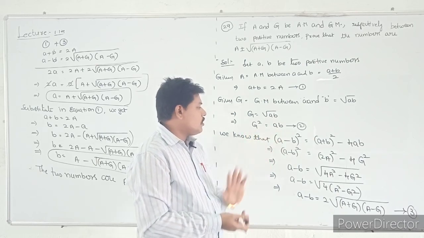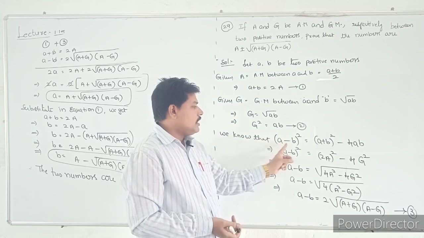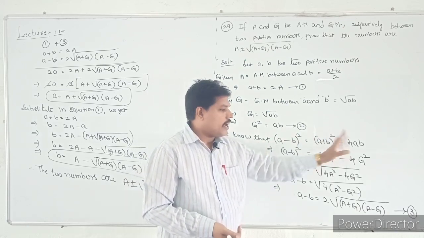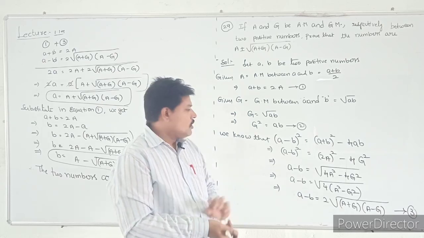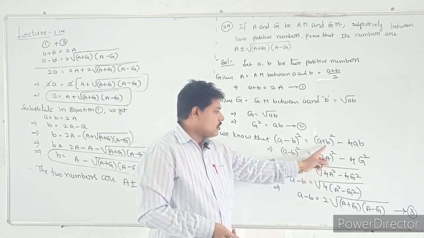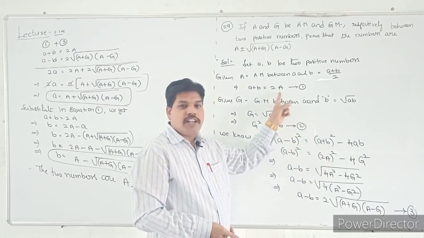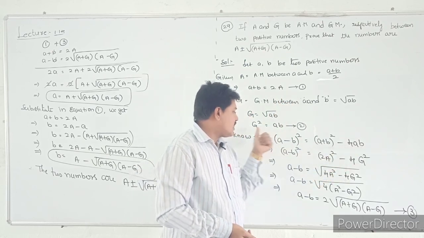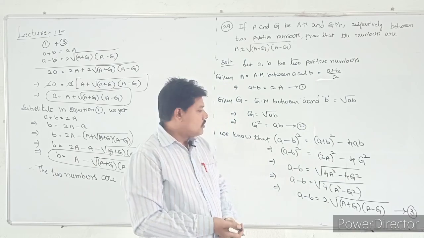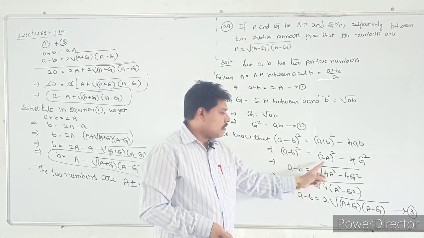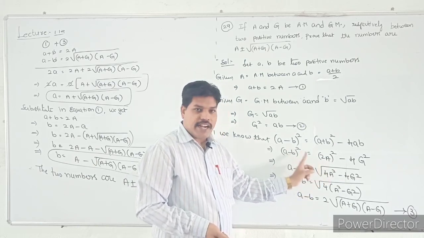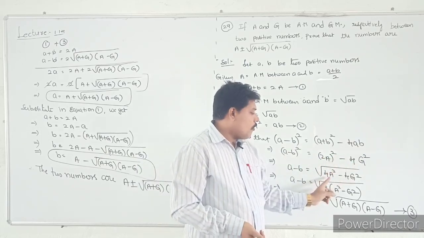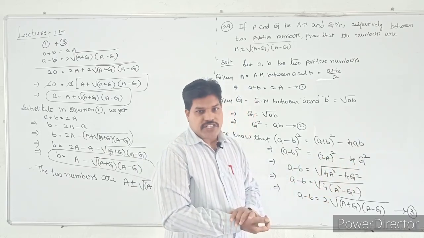If G square is equal to ab, we know that a minus b whole square can be written as a plus b whole square minus 4ab. So a minus b whole square is equal to (a plus b) whole square, and a plus b is 2A, so that is (2A) whole square minus 4 into ab, which is G square. Removing the square, we get the square root on the other side: square root of 4A square minus 4G square.